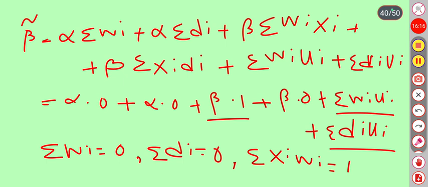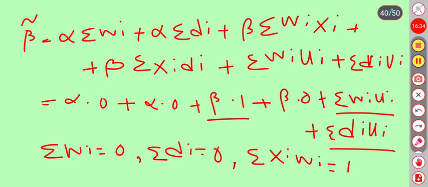Here we know summation wi is equal to 0, summation di is equal to 0, summation wi xi is equal to 1 and summation xi di is equal to 0, and all the other terms will stay.